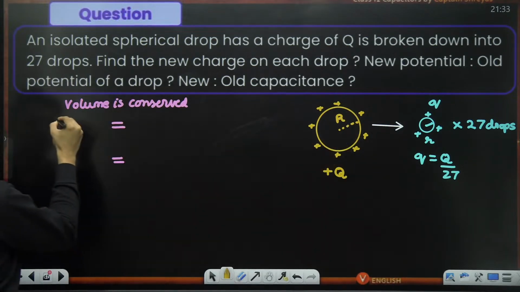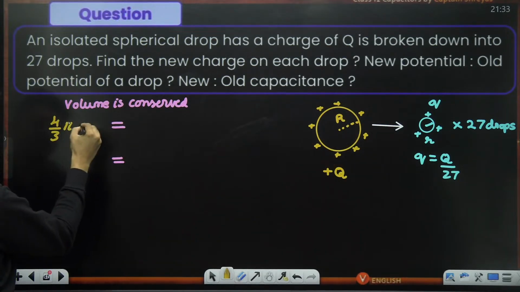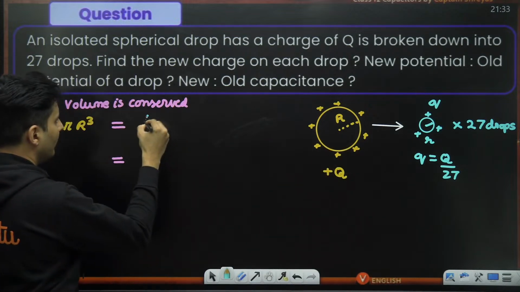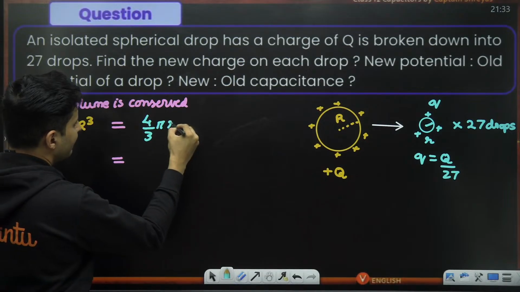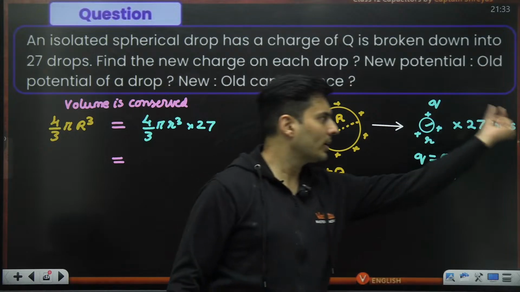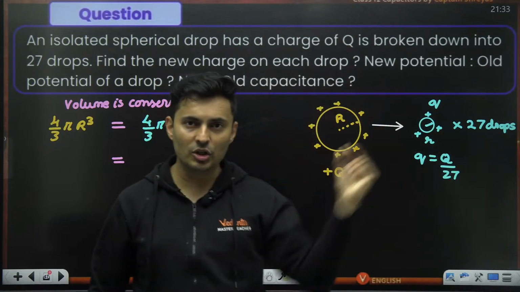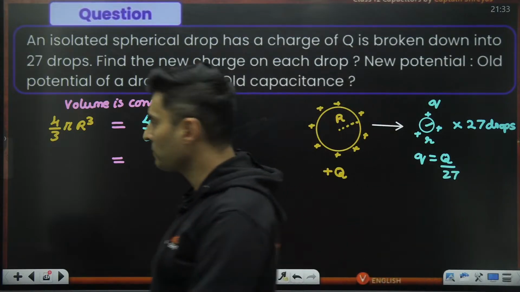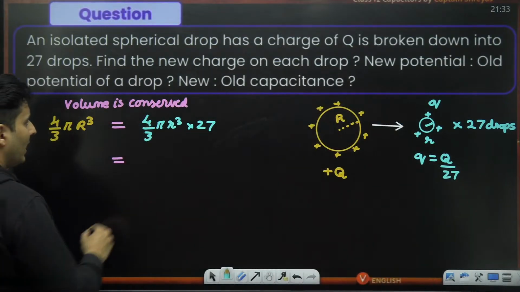Initial volume is 4 by 3 pi r cube. The final volume is 4 by 3 pi small r cube, but there are 27 such drops. So the total volume of 27 such drops is this big solid sphere's volume. Okay, 4 by 3 pi cancels.